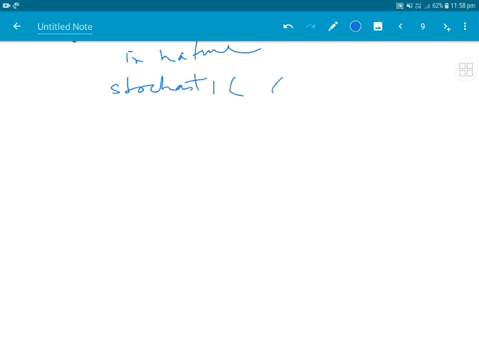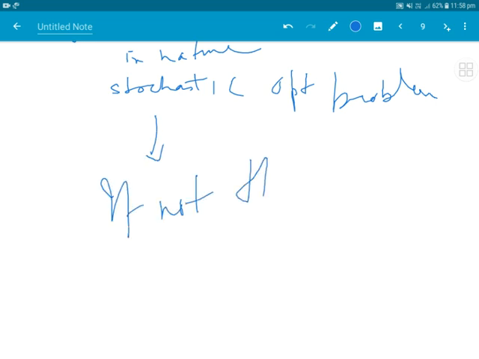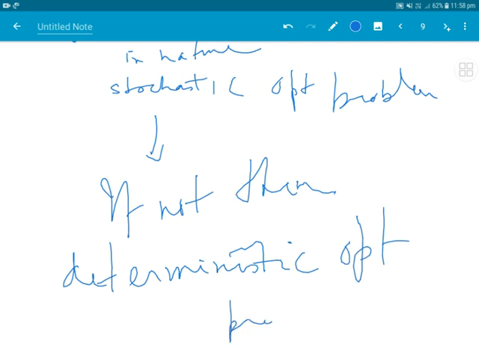The problem which we have dealt with is not at all a stochastic optimization problem; it is a deterministic optimization problem. There is nothing uncertain about those constraints. If at least one of the constraints has uncertainty in the problem, then it is a stochastic optimization problem.